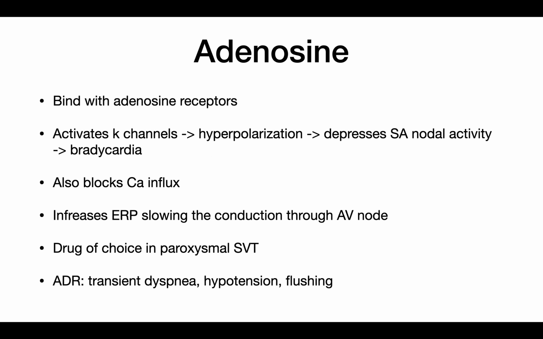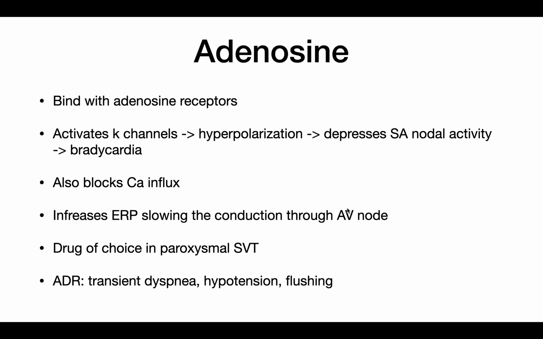Okay, so adenosine will bind with adenosine receptors, and by doing so, it activates the potassium channel, causes hyperpolarization, and depresses the SA nodal activity. So it's going to lead to bradycardia. Also blocks calcium influx, and it increases the ERP by slowing the conduction through the AV node.